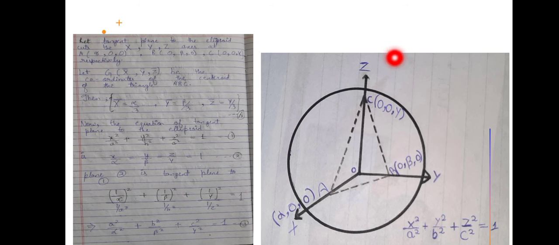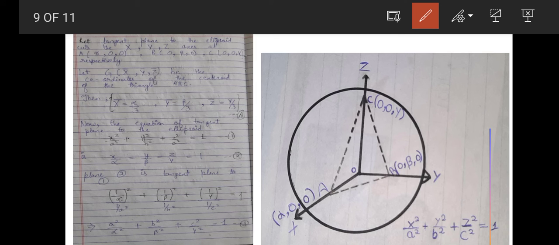Here the plane cuts the coordinate axes at the points A (alpha, 0, 0), B (0, beta, 0), C (0, 0, gamma), and we have the origin O. In the question the centroid is asked, so we take this point G as the centroid, and the centroid is alpha by 3, beta by 3 and gamma by 3. You know why we have this, because it is the formula of the centroid.